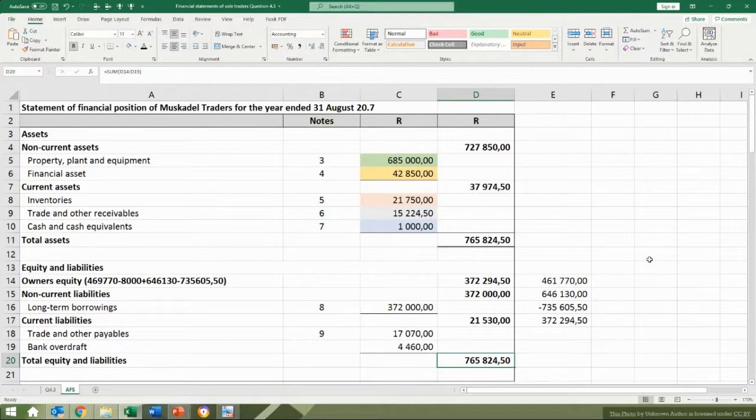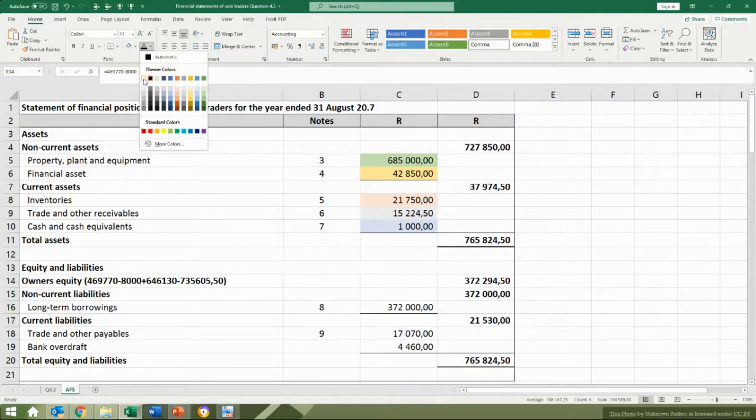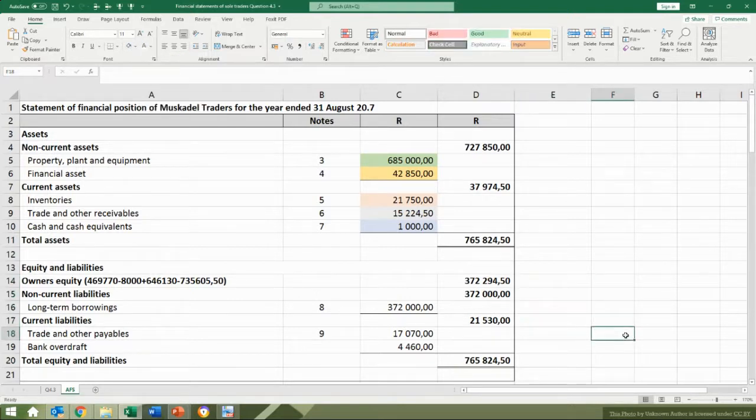Okay, so do you have any questions based on what I've discussed on how to disclose the statement of financial position? Can you just indicate in the chat function if you're okay with this or if there's anything you're wondering about?